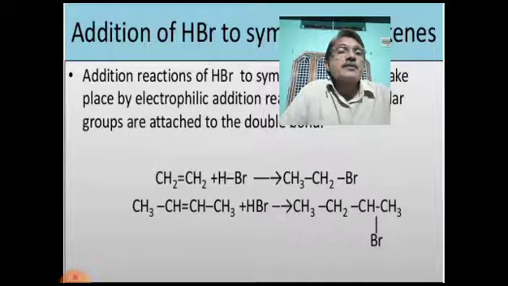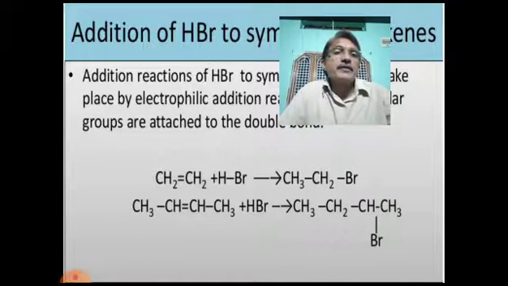This is a symmetrical alkene. When 2-butene reacts with hydrogen bromide, 2-bromobutane is obtained.